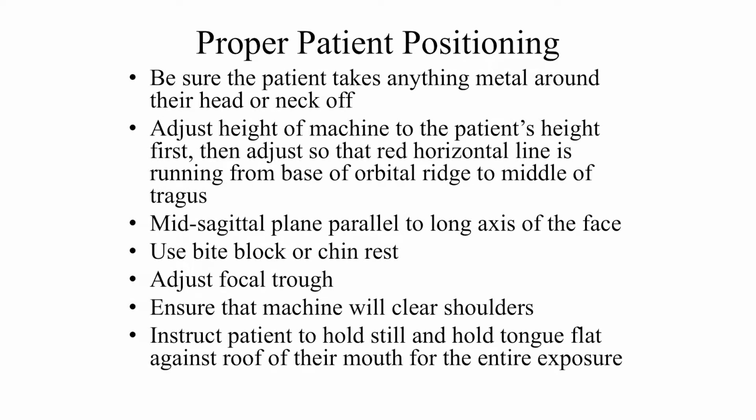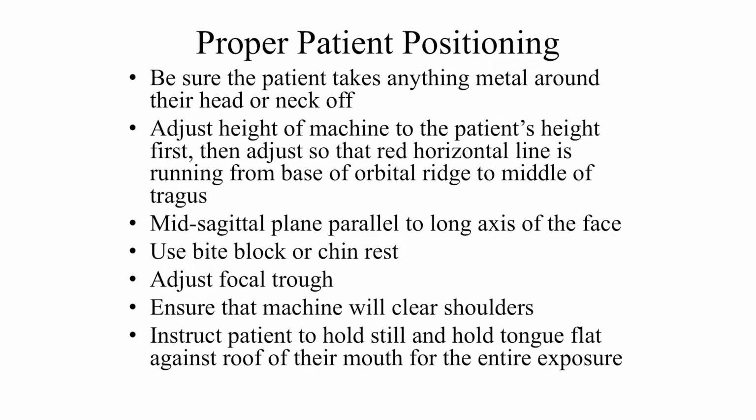So, the proper patient positioning. When they come in, be sure that the patient takes anything metal around their head or neck off. Even necklaces in the back, the chain around the back of the neck shows up in the mandible. And bobby pins, anything below ear level. If they have them on top of their head, it's fine. And earrings.